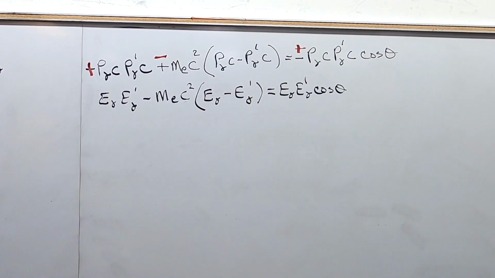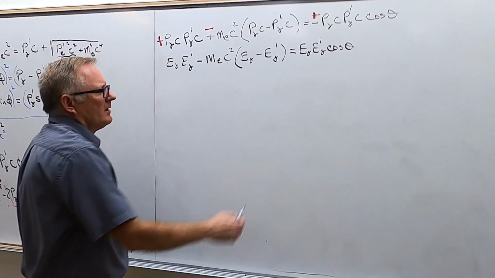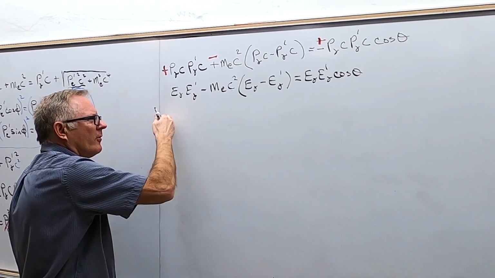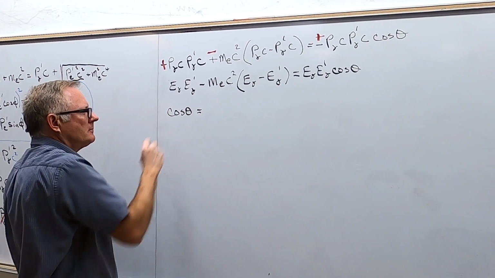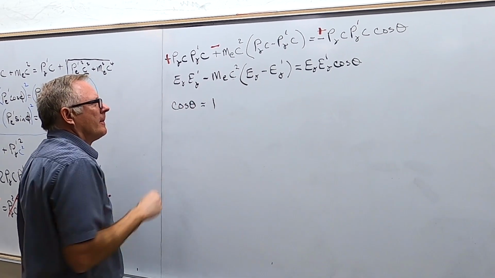Well, what if we divide everything by the product, E gamma E gamma prime? If we divide everything, this thing is just left with a cosine theta. I'll put it over on this side. So we're left with a cosine theta. This, if I divide by that, is just a 1.